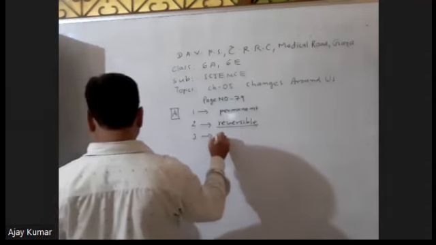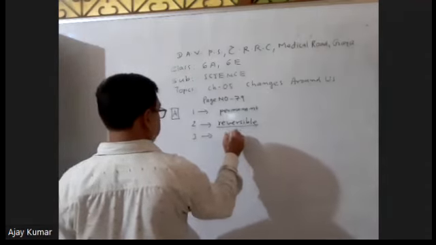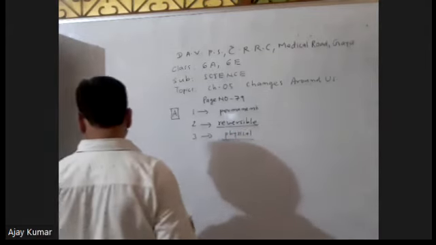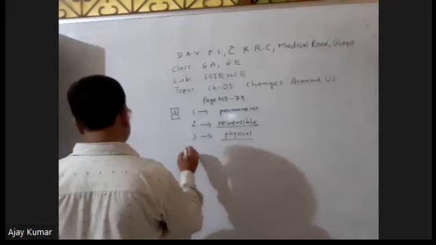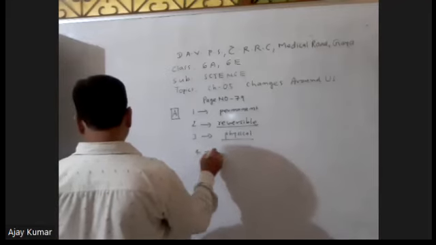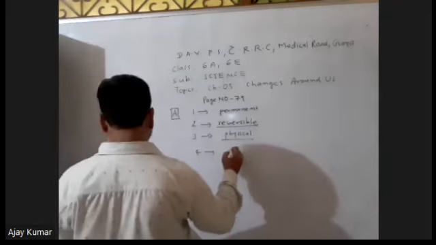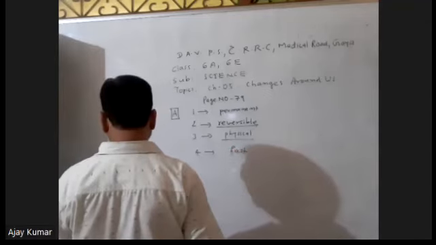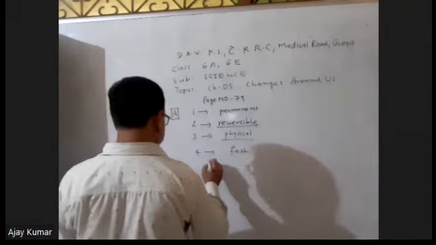Bending of copper wire is a physical change. Burning of fuel is a fast chemical change, where rusting of iron is a slow change.